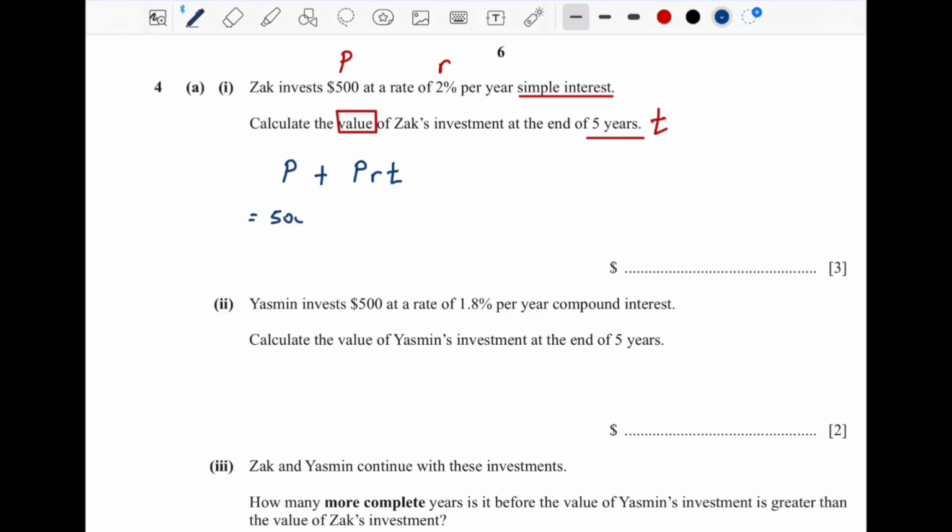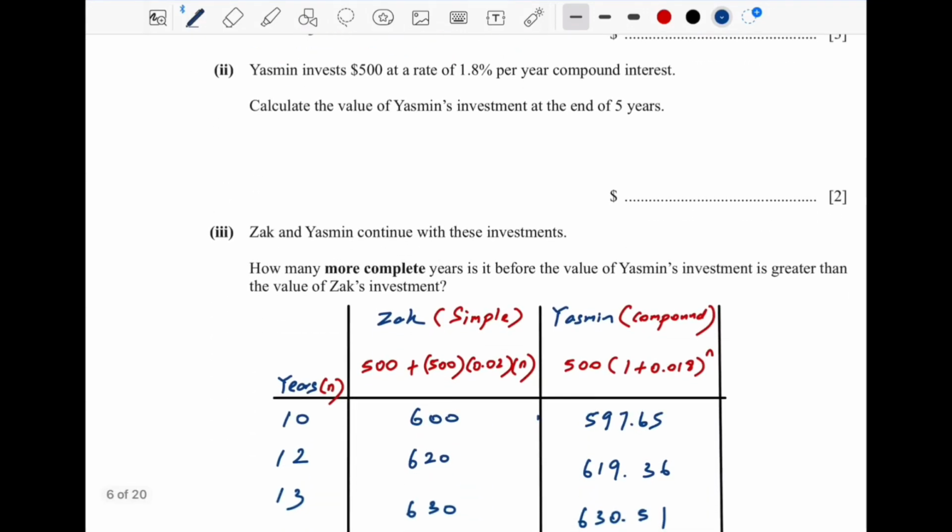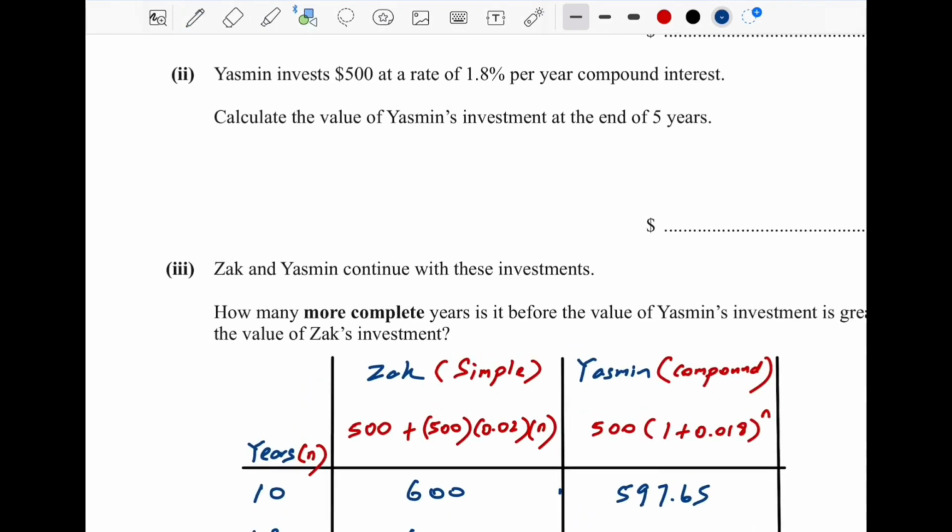So 500 for principal, 0.02 for 2%, and then 5 years. Okay, so I think you have answer as 550. Okay, question B. Yasmin invests, okay, this is a compound interest.